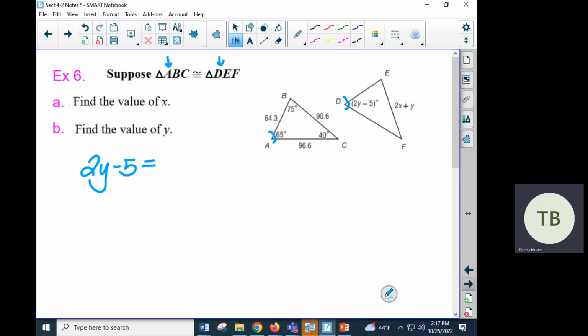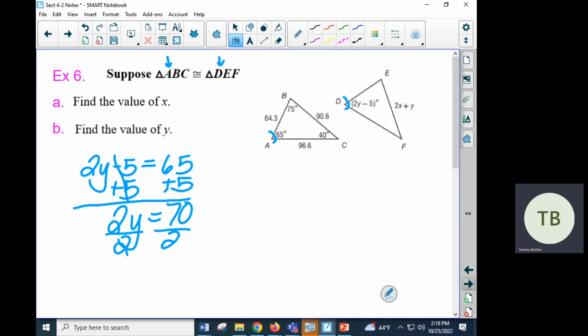And that's because they both come first. So then I'm going to solve that. And I get 2y equals 70. Divide by 2, and y is 35.